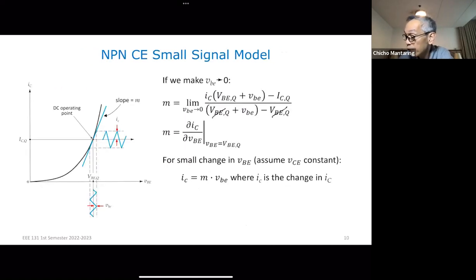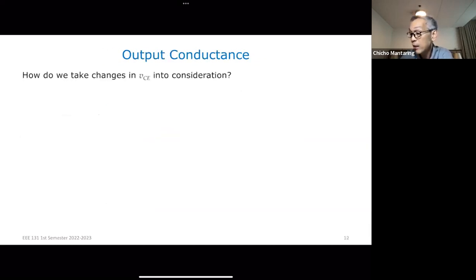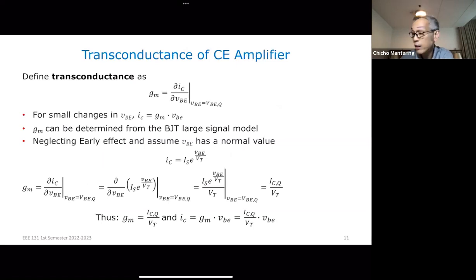This slope, we will call the transconductance of the transistor. So that is the partial of IC with respect to VBE evaluated at the Q point. And for small changes in VBE, the change in I sub C will just be your transconductance multiplied by VBE.